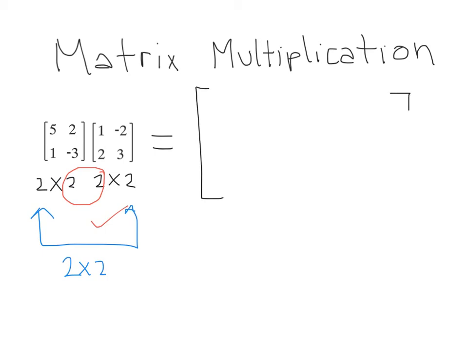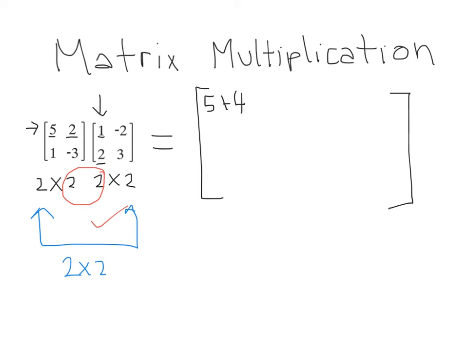So our result will be 2 by 2. The first move I want to do is across the first row and down the first column. So I do 5 times 1 is 5, plus, I always add when I take the next step. So the next step in my row is a 2, and the next step in my column is a 2. So 2 times 2 is 4. So that entry is going to be 5 plus 4.